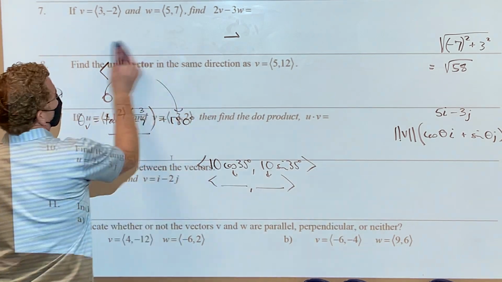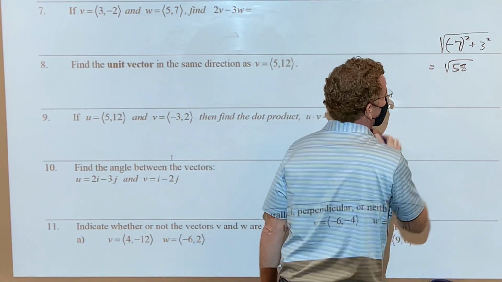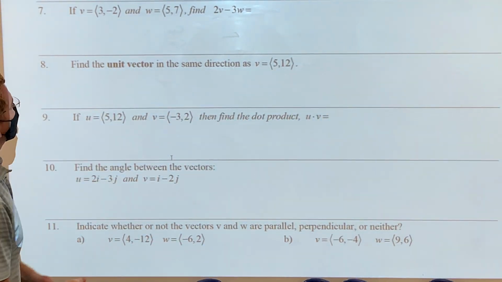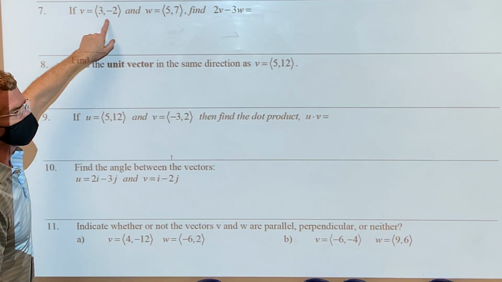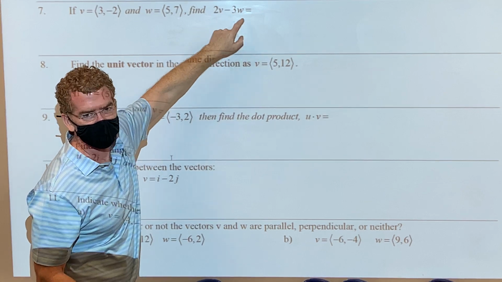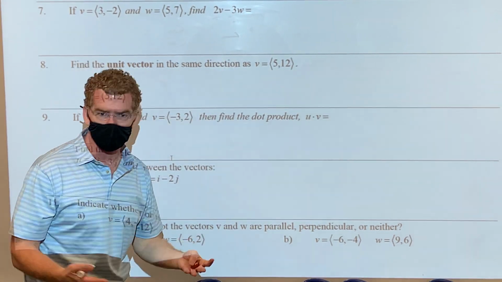Scroll on up, number 7. It says if V and W are this, can I find 2V minus 3W? Okay, a lot of people know what they're doing here, and sometimes I'll give you V, I'll give you W, and then I'll say find 2W minus 3V. And I'll switch the order. It's not a big deal, but it's something that people actually miss.